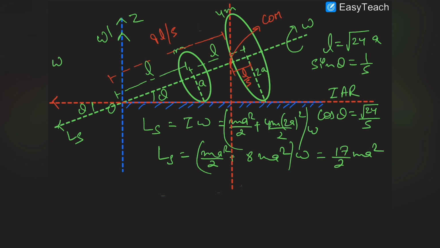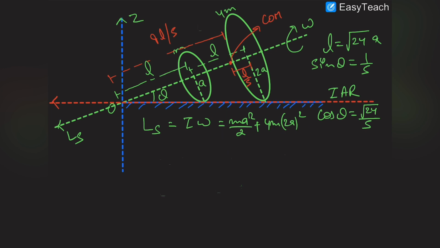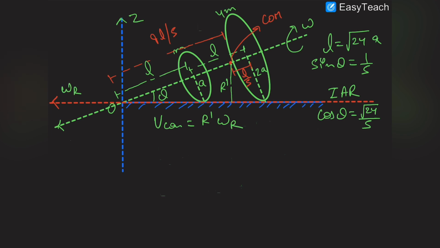So now you can see that this center of mass is moving with some velocity vcom, which we can find out by the IAR concept, that vcom is equal to r dash omega, where r dash is the distance of this center of mass from the IAR. This is r dash, this is the vcom, and omega is the omega resultant about this axis. Omega resultant is equal to omega cos theta.